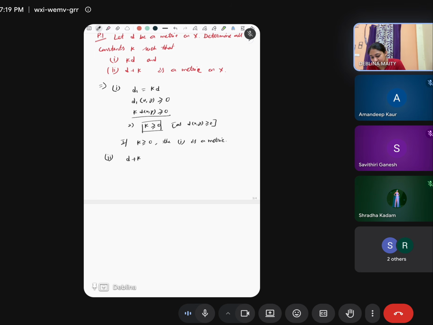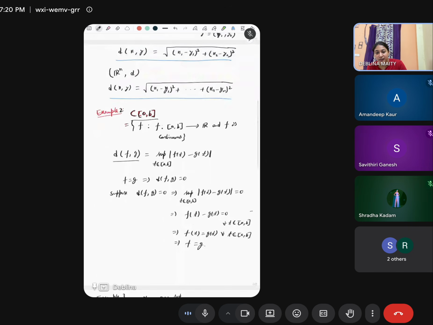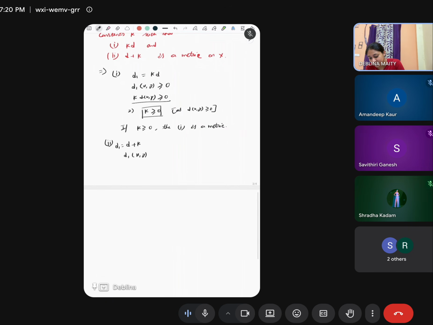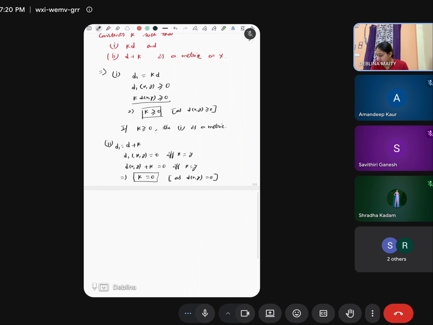So d plus k is a metric means the first property, if d1 is this, then d1 has to be greater than or equal to 0. This property is satisfied, and d1(x,y) is 0 if and only if x equals y, right? This means d(x,y) plus k is 0 if x equals y, and since d is a metric, d(x,y) is 0, so k equals 0, right? So if k equals 0, then d plus k is a metric, right?